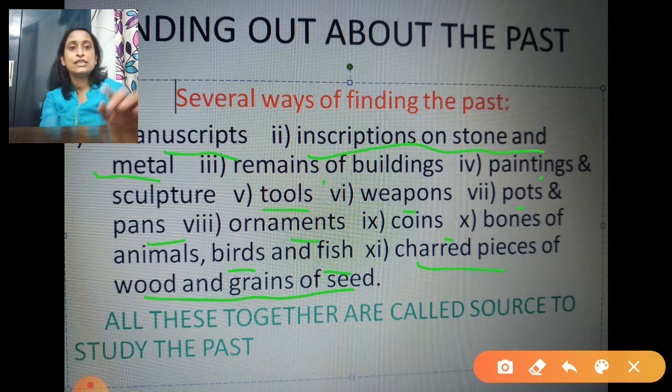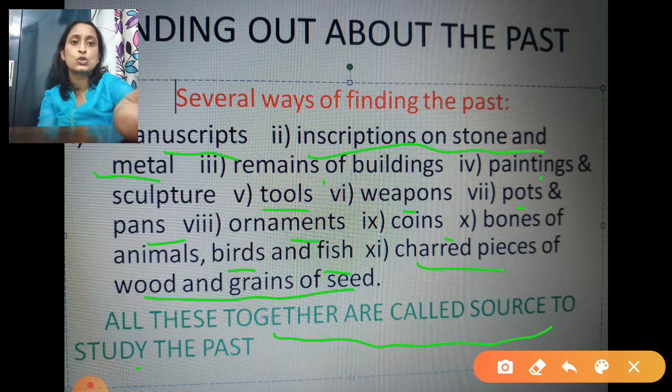All these together are called the sources to study the past. So if you get a question, what are the ways by which you can study the past? We have around 11 points: manuscripts, inscriptions, remains of buildings, tools, weapons, coins, bones, charred pieces of wood and grains of seed, etc.